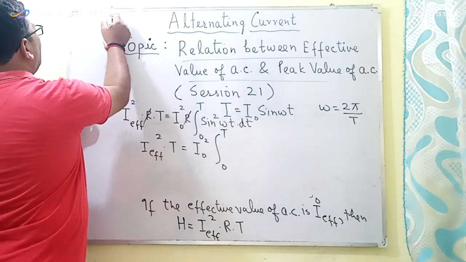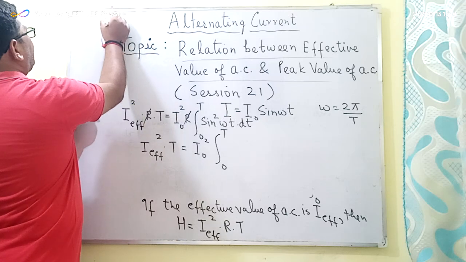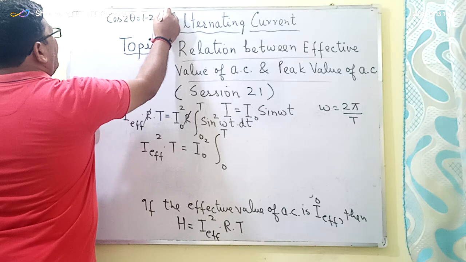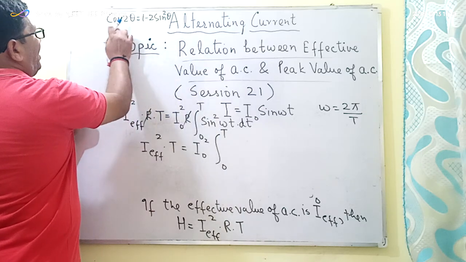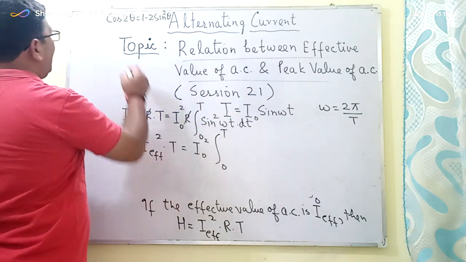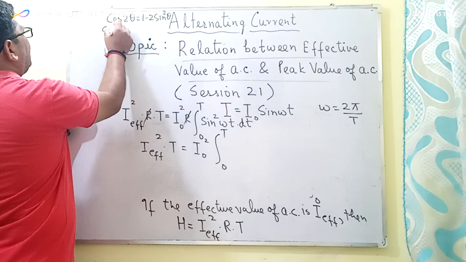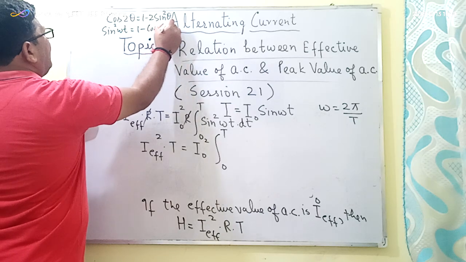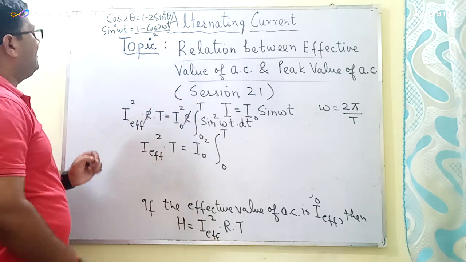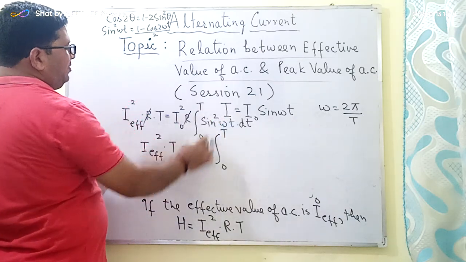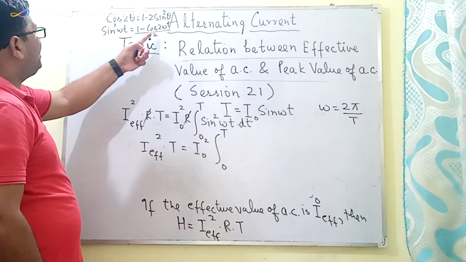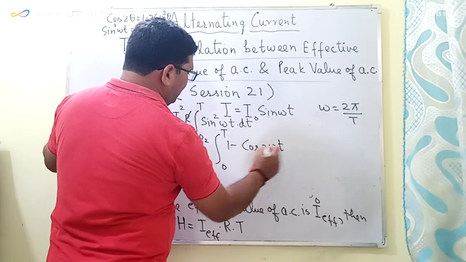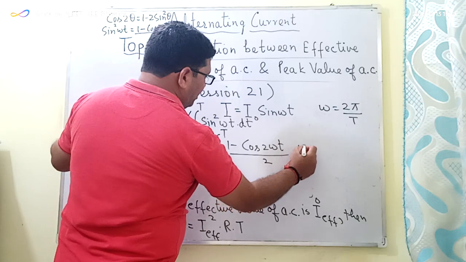Now sine square omega t can be written as, first of all we should know that cos 2 theta is equal to 1 minus 2 sine square theta. So by using this relation I can write sine square omega t equal to 1 minus cos 2 omega t divided by 2. So I will be substituting the value of sine square omega t as 1 minus cos 2 omega t divided by 2 into dt.